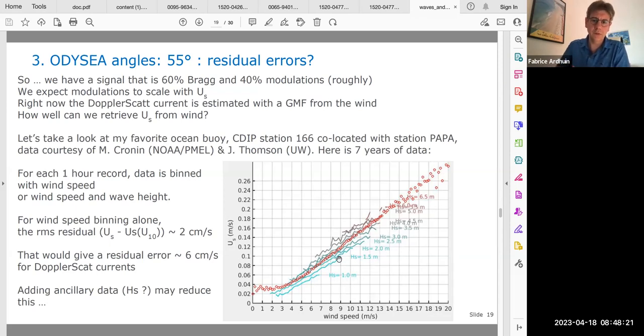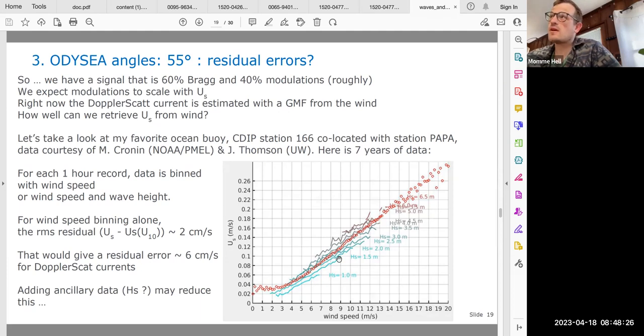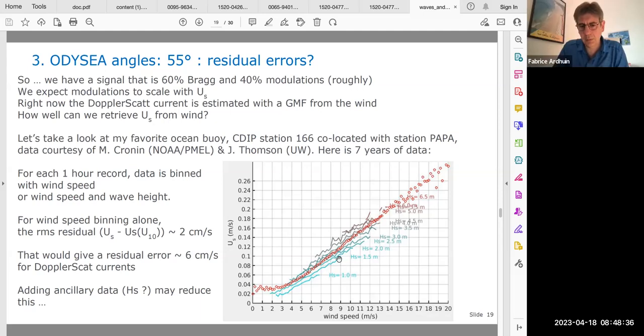But it seems like you have to solve all 3 quantities at once, at least in a semi-local framework. Right. And presumably there may also be small effects of the waves on the backscatter, the sigma naught, which gives the wind in DopplerScatt and ODYSEA. Okay, thanks.